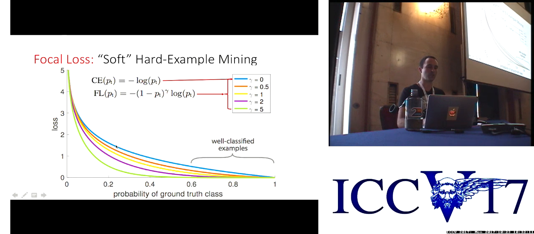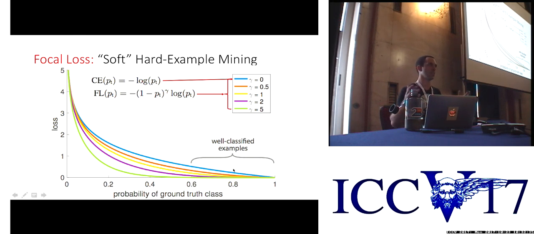The outermost curve here in blue is standard cross-entropy loss for binary classification. And the thing to note is that for examples that are even reasonably well classified, say 0.8, maybe 0.9, this loss function actually has considerable non-zero loss associated with those examples.